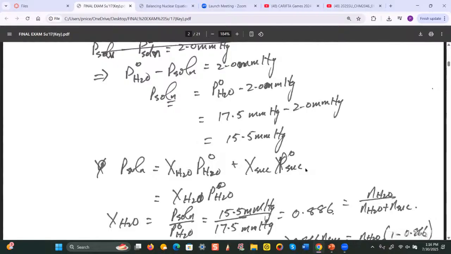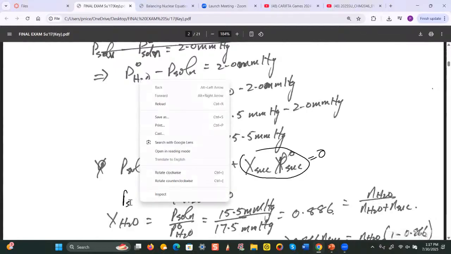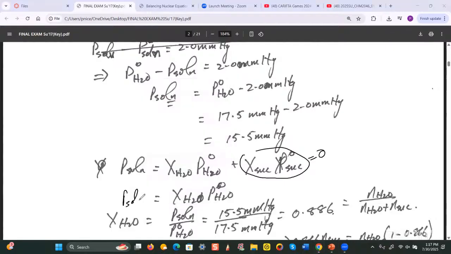There may be 1 or 2 that I can think of right now, but sucrose is definitely not one of them. So basically this part here is going to be equal to 0. So therefore this simplifies the equation: P of the solution is equal to this right here.